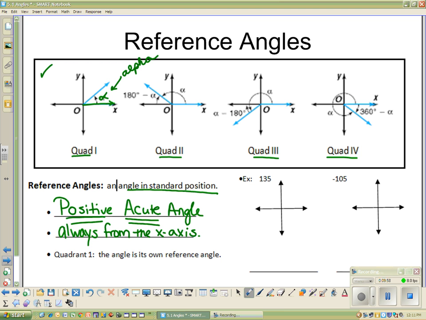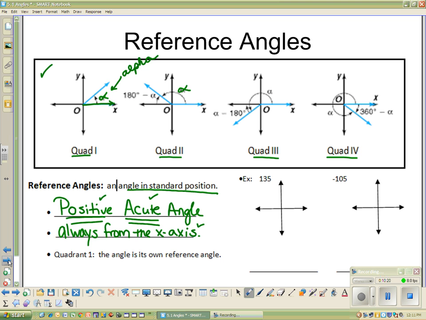Quadrant 2, the reference angle, here's my angle alpha. The reference angle is going to be represented by this portion right in here, where I'm trying to state it as an acute angle, and I want to make sure I state it as a positive amount. The angle always has one of its sides bordering on the x-axis.